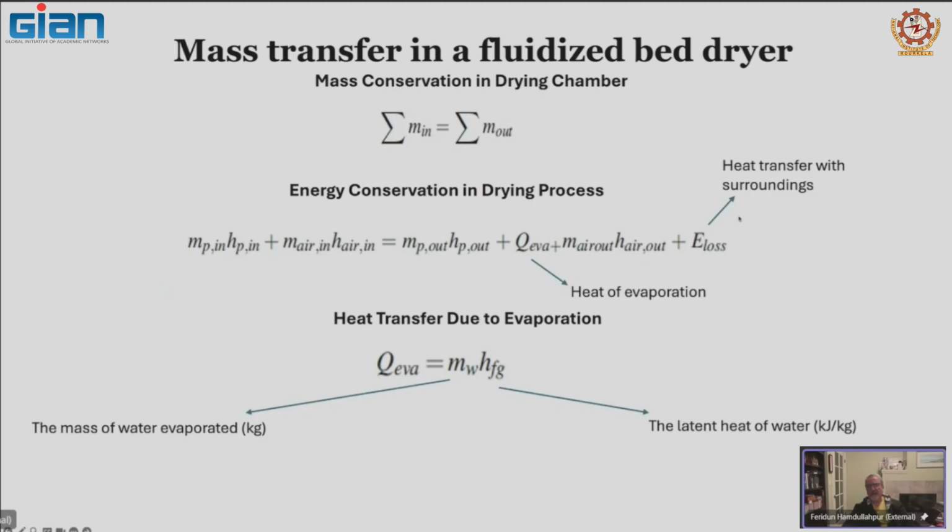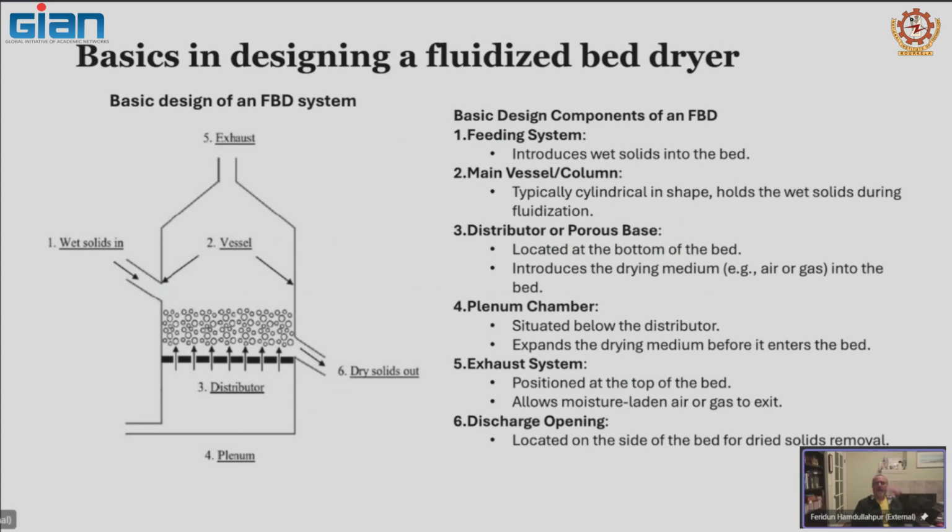And as I said, if you don't have perfect insulation, then you will have some losses going out. You have to account for this. Then you can calculate heat transfer due to evaporation in this fashion. So let's then start looking a little bit closer in more detail.